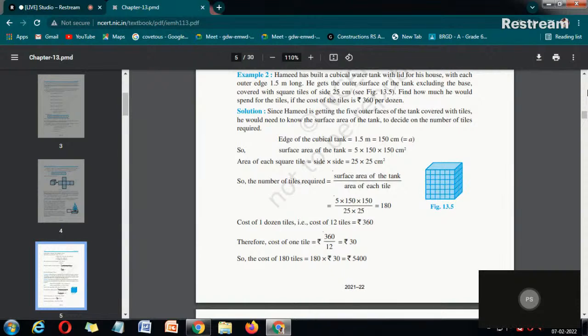Going with 13.1, first one. A plastic box is 1.5 meter long. Here the length is 1.5 meter, and its breadth is 1.25 meter, and its height is 65 centimeter deep.